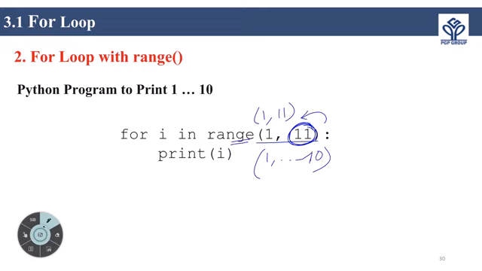The final value is the one before that range value. So the first value is 1, 2, 3, 4, up to 10. Clear? This is the output.